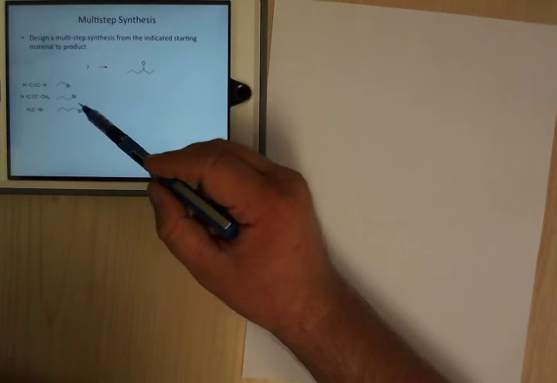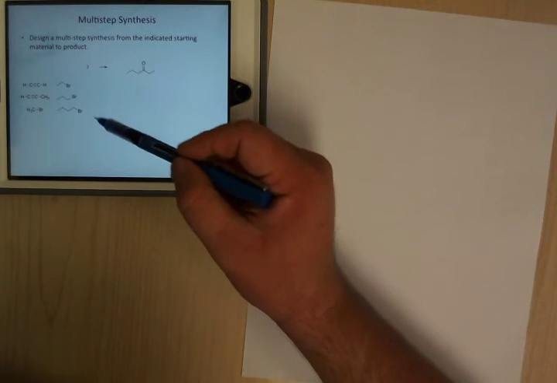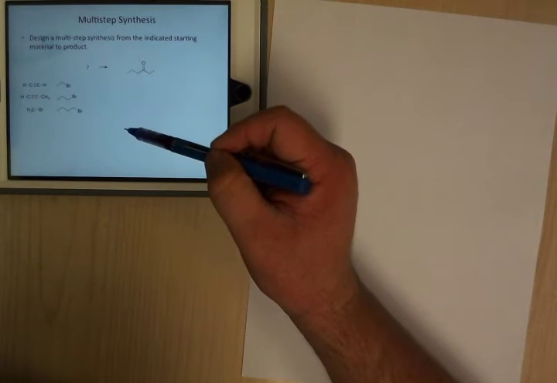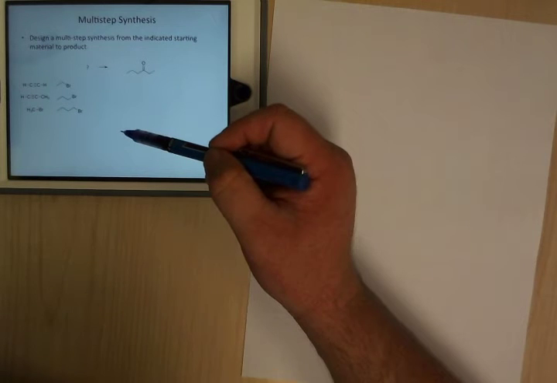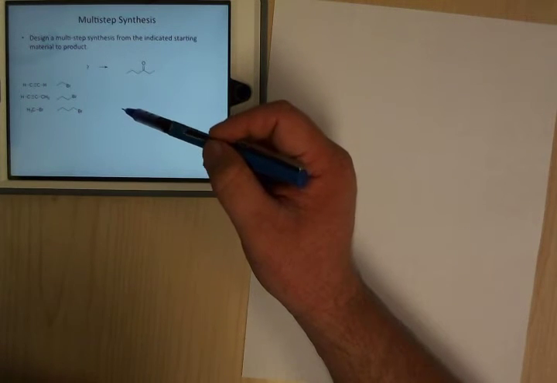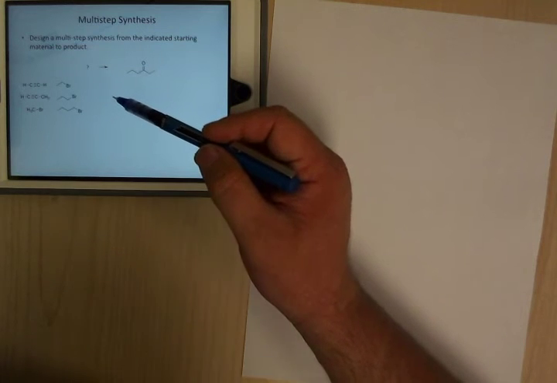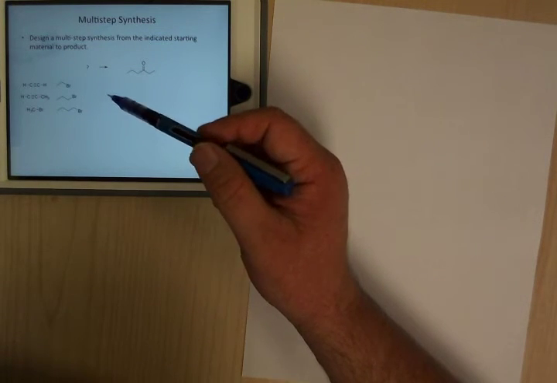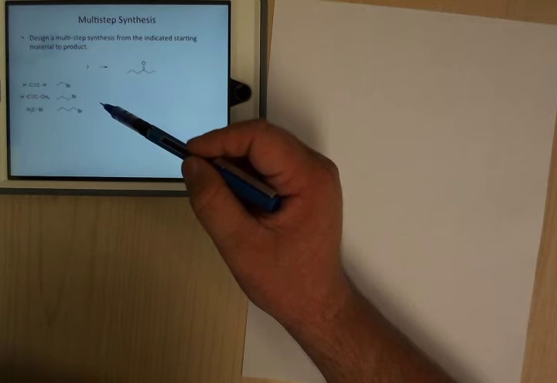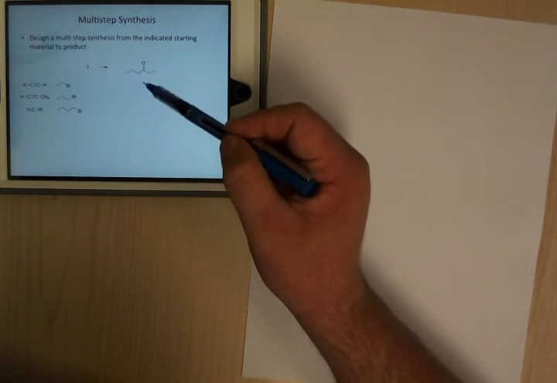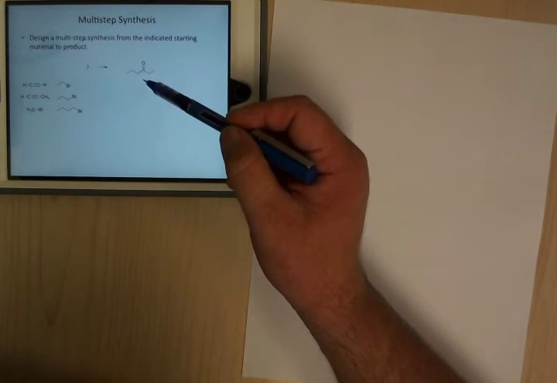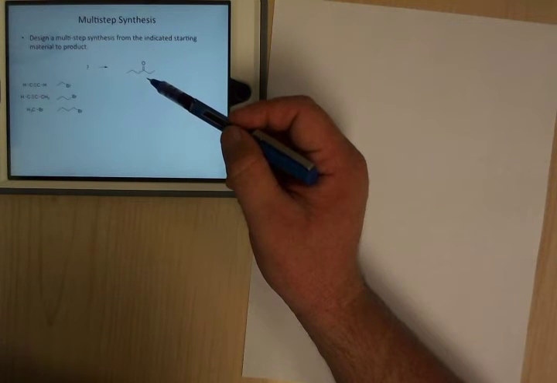The first half is probably going to be building up the carbon chain to get to that point. Now, it's not 100%. It's a rule of thumb, which means sometimes your thumb gets smashed and it doesn't work that way. But probably 9 times out of 10, the synthesis is about getting the carbon chain to where you need it to go, and then that last part is figuring out where this goes.